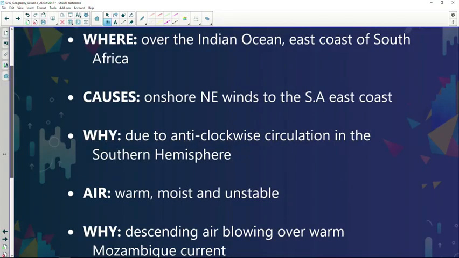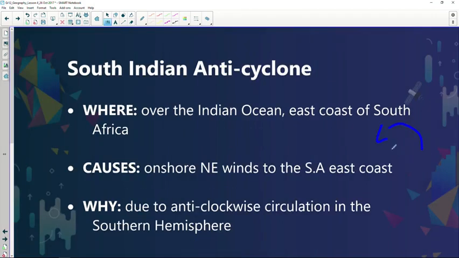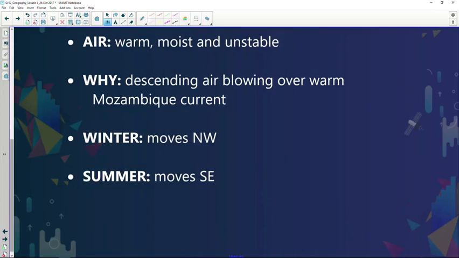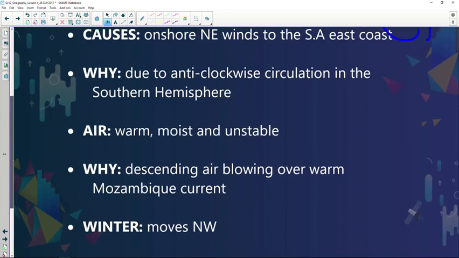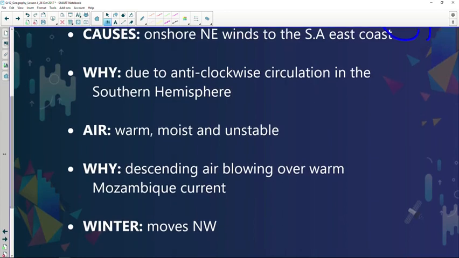What does it create? It creates onshore north-easterly winds on South Africa's east coast. Why? Because both of them are high pressure systems, anticyclones. It's an anti-clockwise circulation of air taking place, and the reason, as you can see, is because it's in the southern hemisphere.